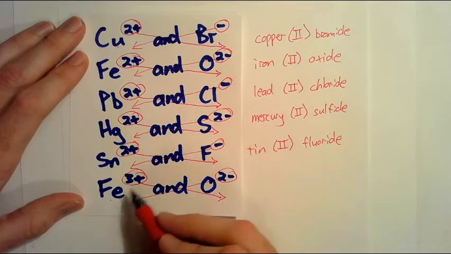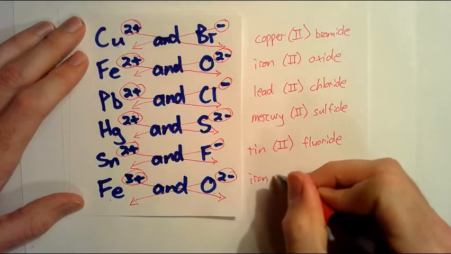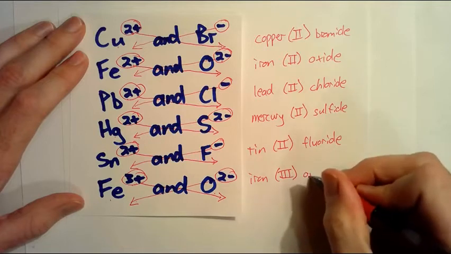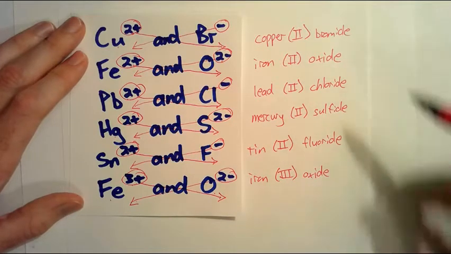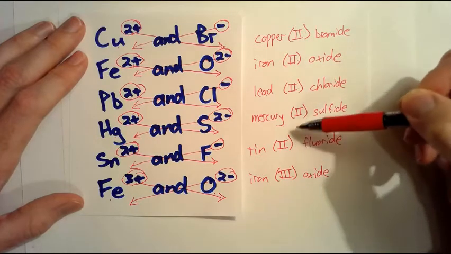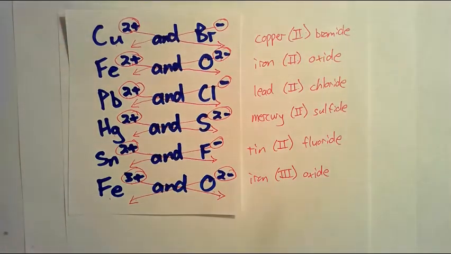So this will be iron(III) oxide. Now it's just a coincidence that most of these are Roman numeral 2. That doesn't always happen that way. It's just the way the examples worked out.